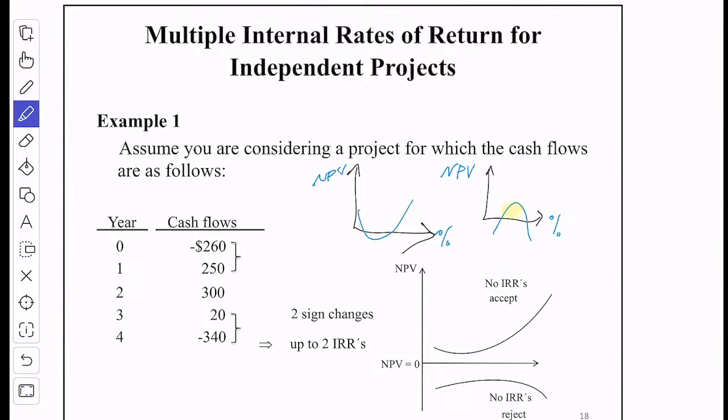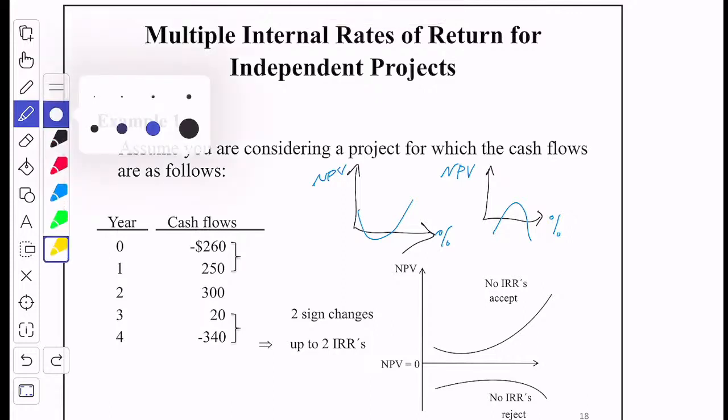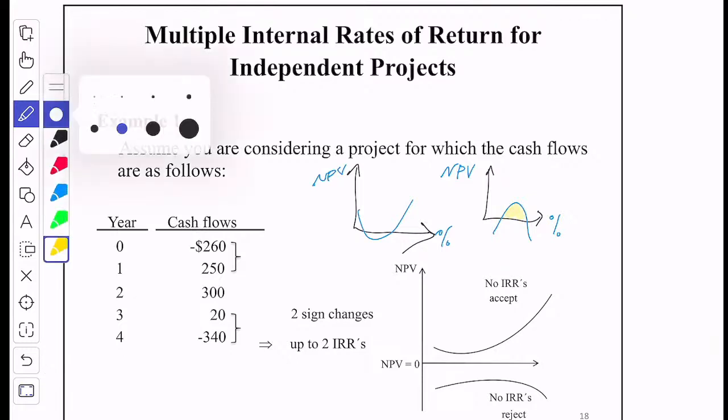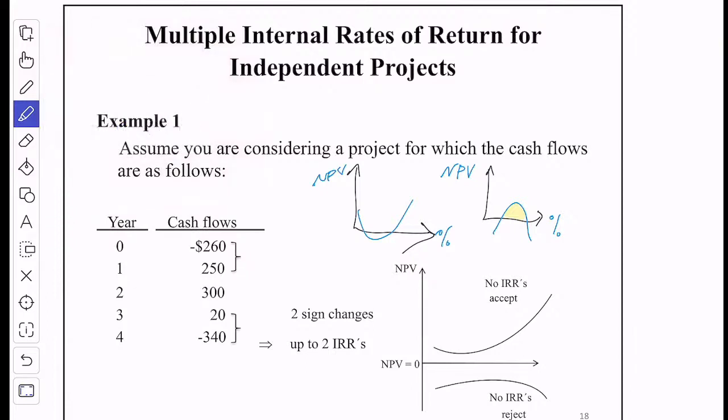So in here, let me make that a little finer. So in here and in here. All right, so in that region, oh no, not in there, that's the opposite. Sorry, in here.